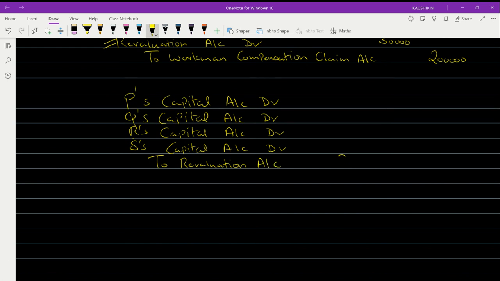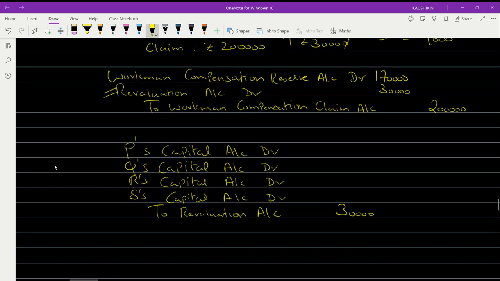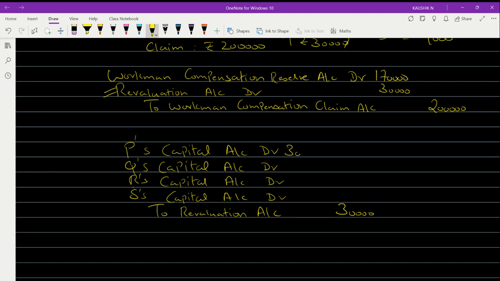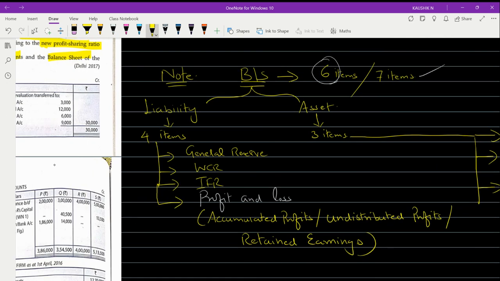The amount in revaluation is 30,000, and it is divided as 3,000, 12,000, 6,000, 9,000. So we have taken the action for the workmen compensation reserve, which was the first step as I said in the beginning. You have to take corrective action for that item, 6 out of 7 items. This is done. Correct?